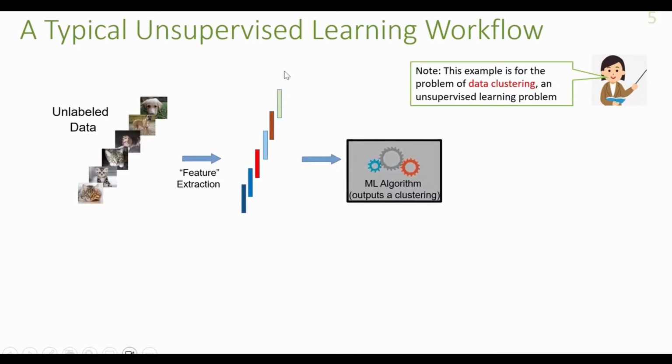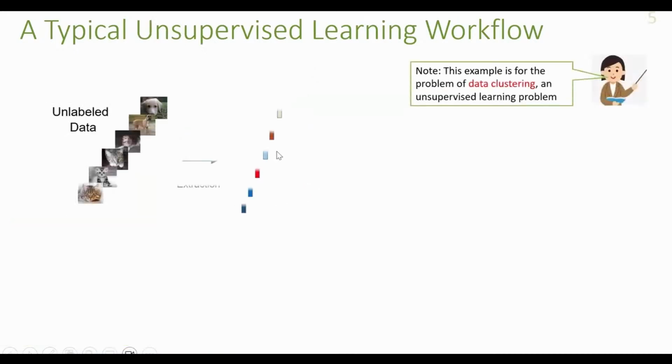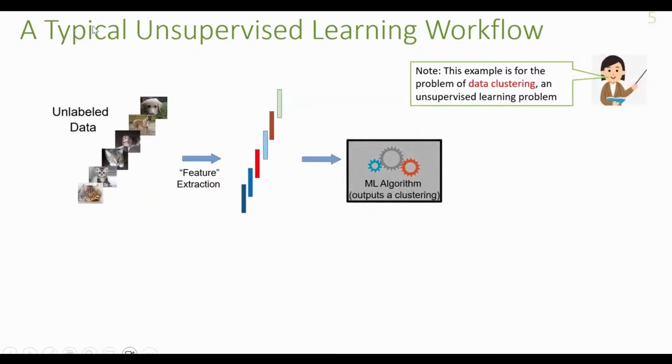Here we will use unsupervised learning techniques, whereas before we used supervised learning techniques because supervision was available. In this case we do not have the supervision, so we will use unsupervised learning techniques to learn this machine learning model.